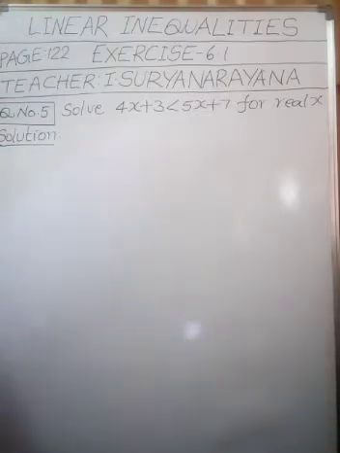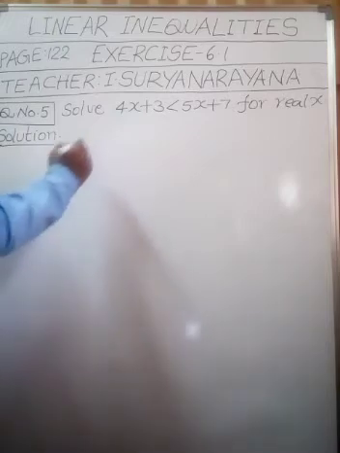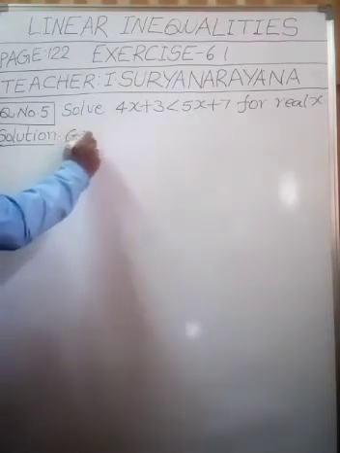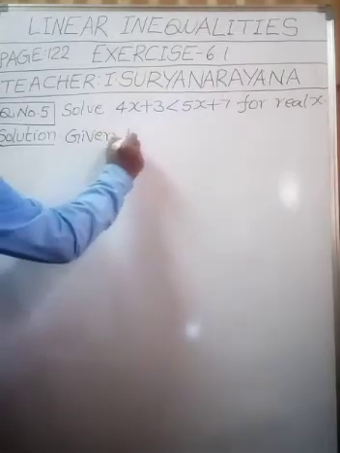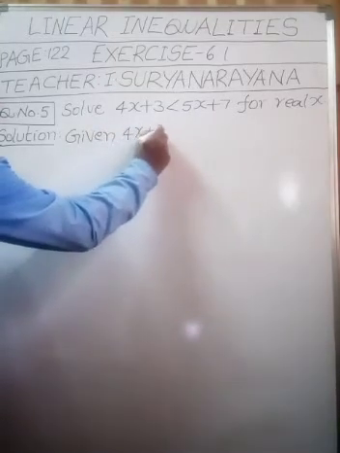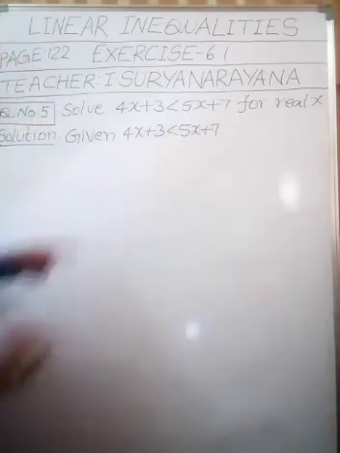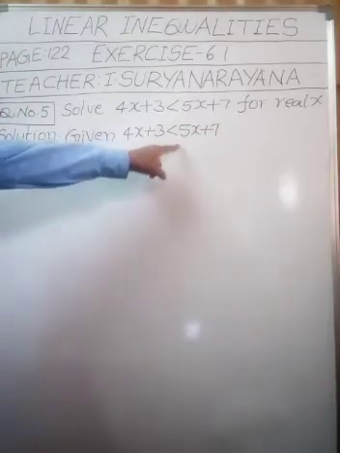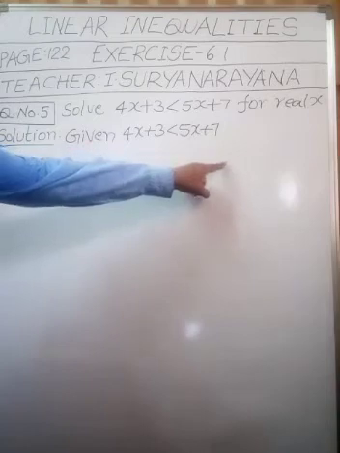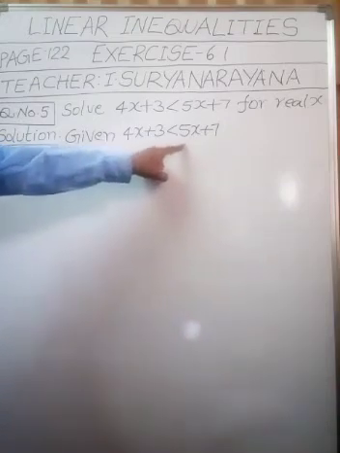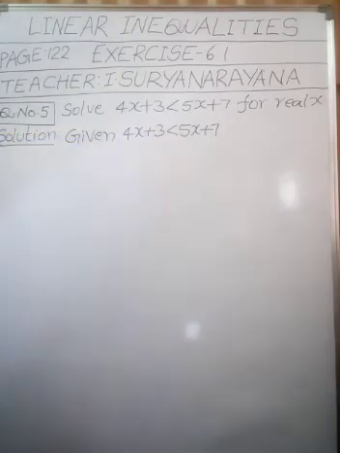Now let us write the given inequality. What is the given inequality? Given 4x plus 3 less than 5x plus 7. Okay, my children? Understood?